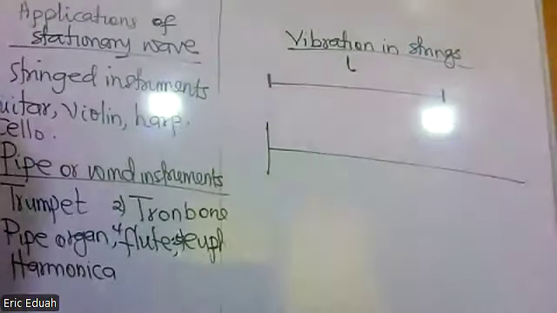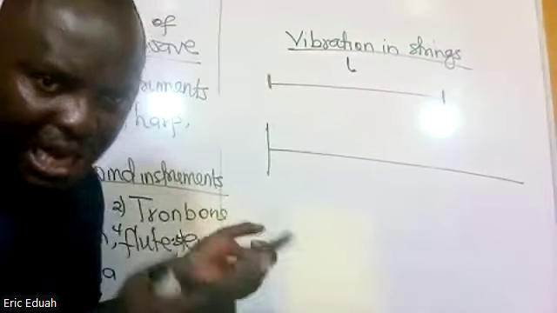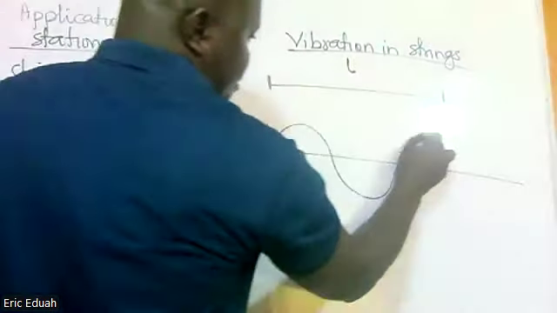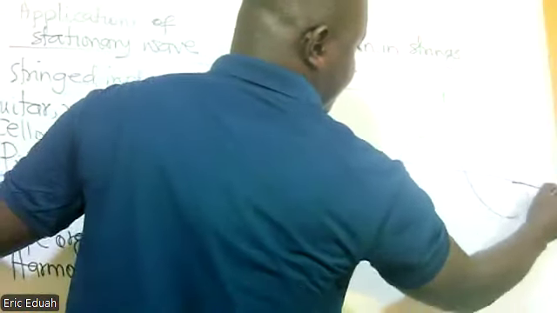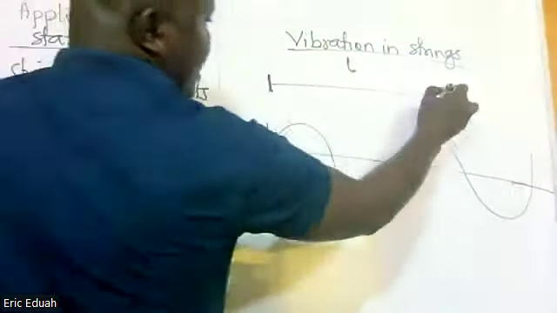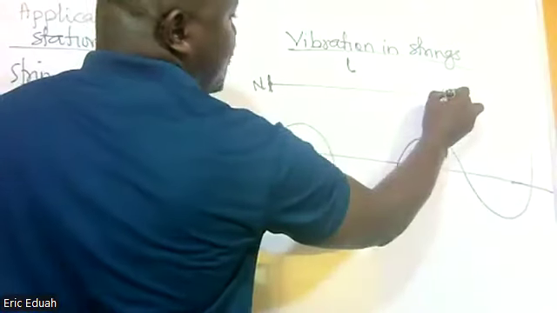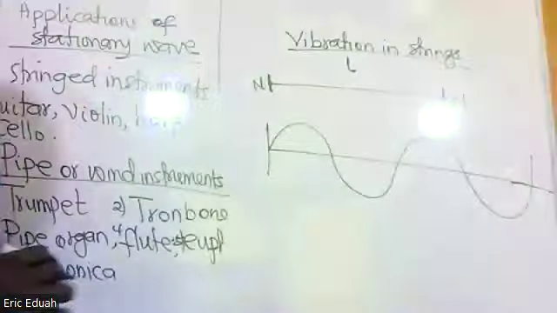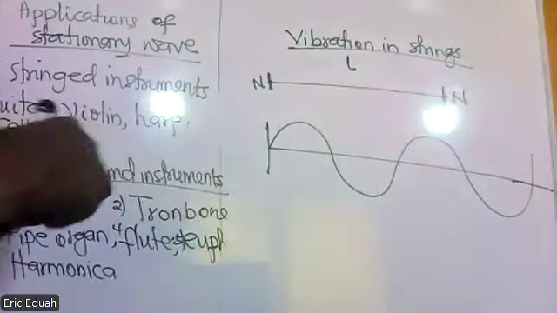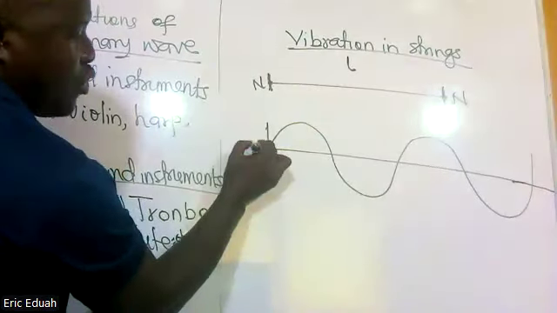Don't forget, stationary waves are just two progressive waves moving in opposite direction. So if I have a progressive wave of this nature, once I have boundary at both ends, it means nodes will be formed at both ends. Okay, so the first stationary wave that will be produced will start on a node.